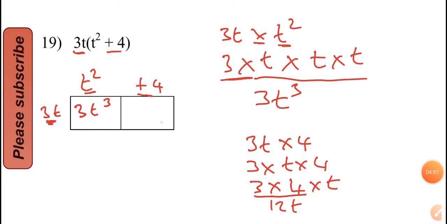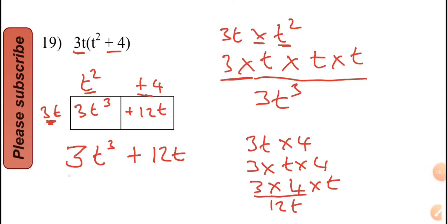So that plus 12t, we'll just write it here. So the final answer will be 3t cubed plus 12t. So that's the final answer for number 19. 3t cubed plus 12t.